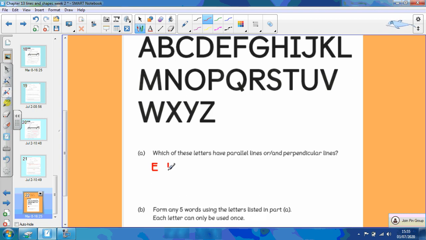We've got F, we've got H, we've got I, we've got L, N, it's got a set of parallel lines, T, and Z also has a pair of parallel lines. Okay, so those are our letters to work with.